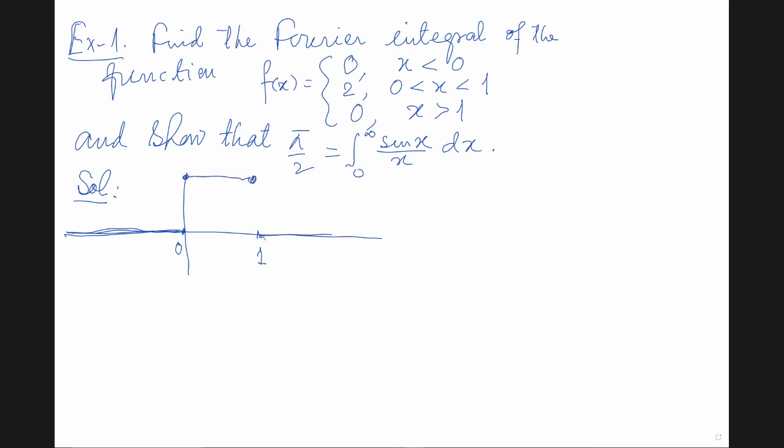And from 1 onwards, it is 0. So the graph is like this, minus infinity here, plus infinity there. All right. I don't want the graph at present.